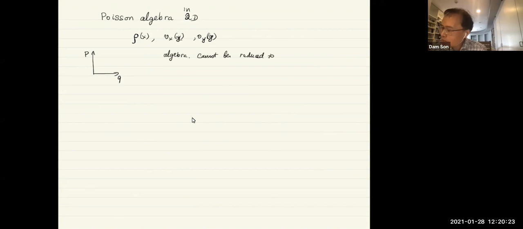In other words, it cannot be reduced to canonical form. So it must be degenerate. It has to be degenerate, and this means the existence of the Casimir.